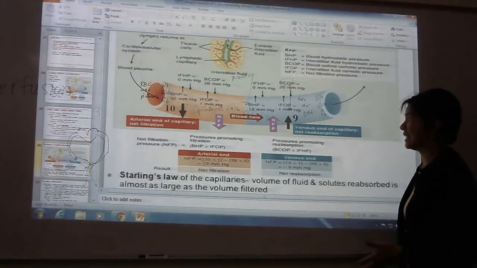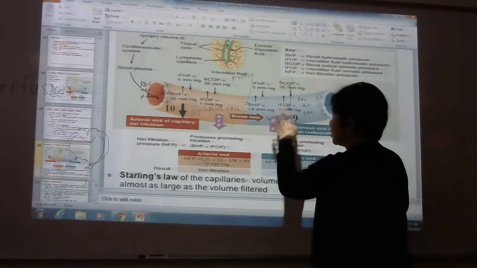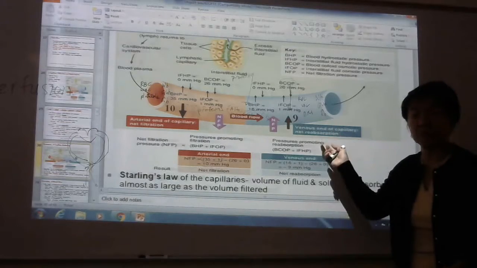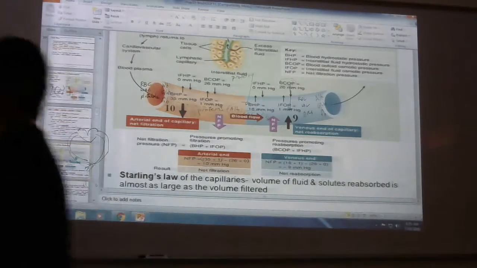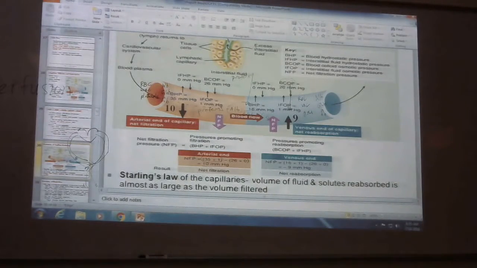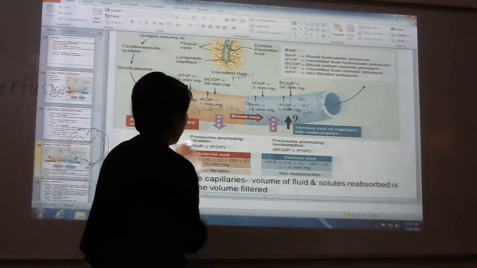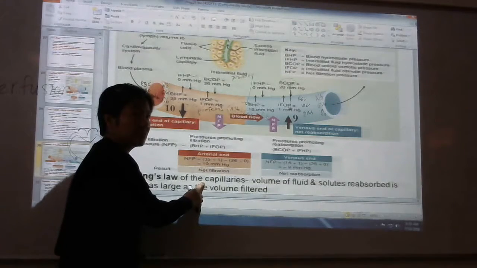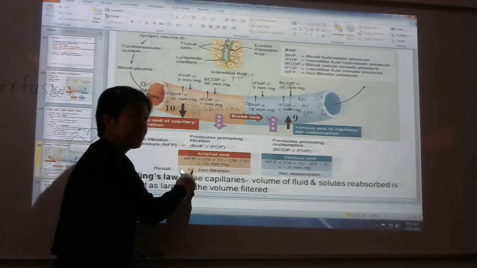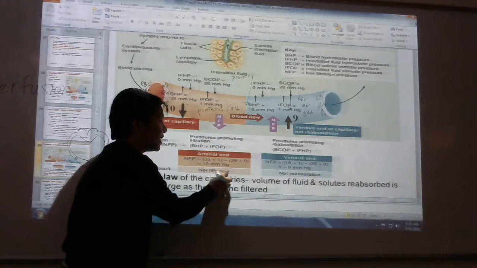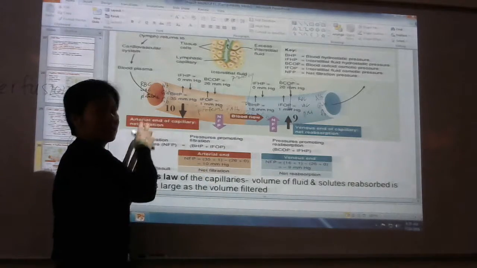It's called ascites. So let's look at the pressure here. You will be asked to compute. I know that. I'm looking at your test. So be sure you know how to compute net filtration pressure. So let's look at this part. And after you compute, if it's a positive number, you know that this value is normal in the arterial end.